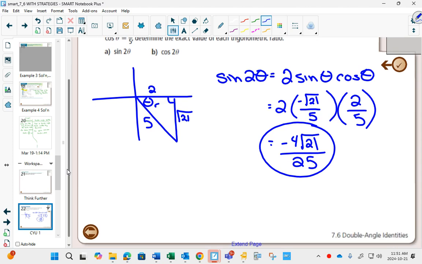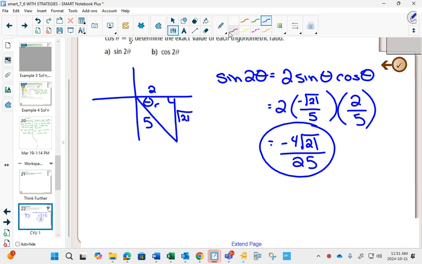Now for part B, it asks us to find cos 2 theta. And here you have your options of 3 different ones. There's 3 different formulas you can use. Technically, one is slightly better than the other ones.